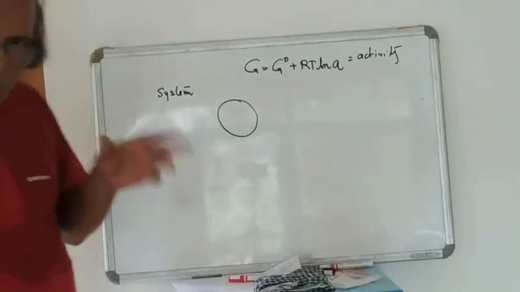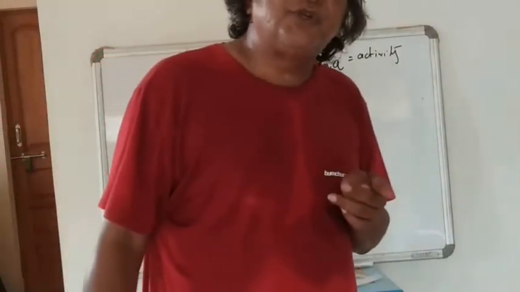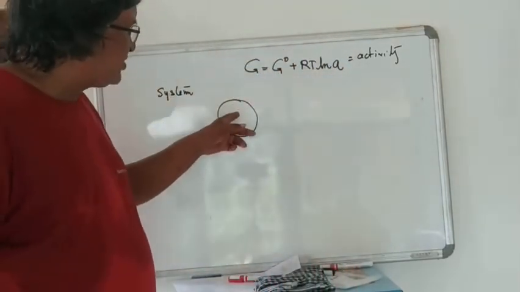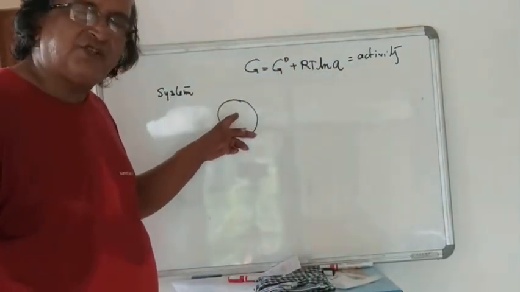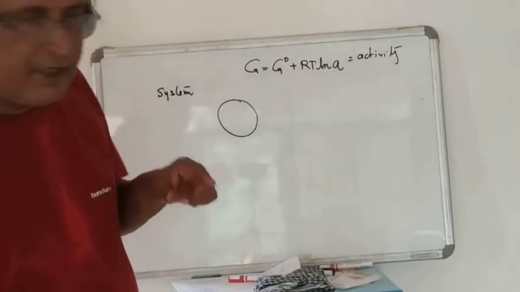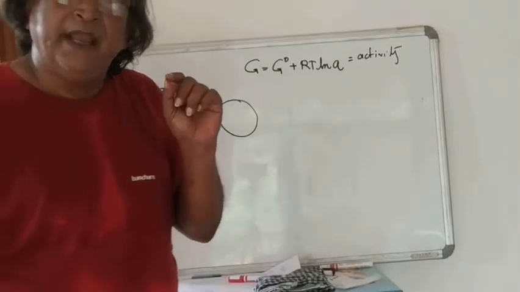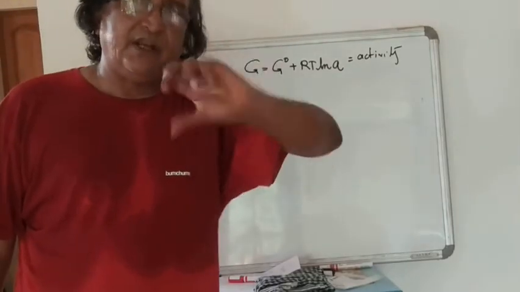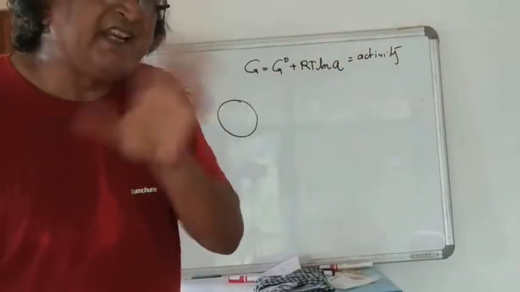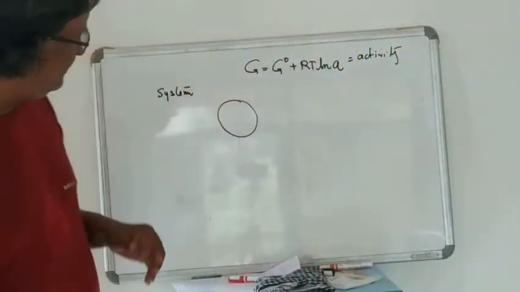Then we have a closed system. Now this is commonly used. In a closed system, the system exchanges energy but not matter with the surroundings. It is in equilibrium with the surroundings, but there is no mass transfer across the interface.